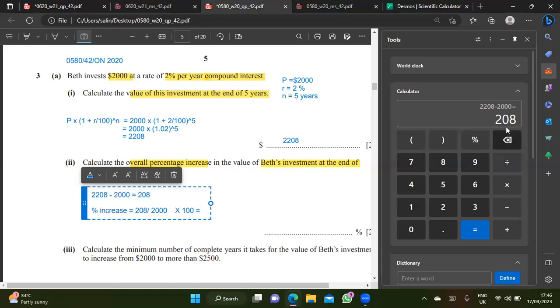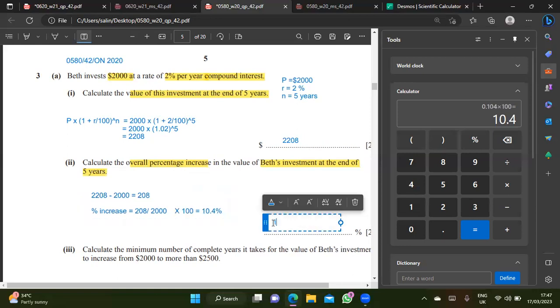So I got my 208 here divided by 2,000, multiplied by 100. There you go. 10.4. So 10.4%. So we're going to put the answer here. 10.4.